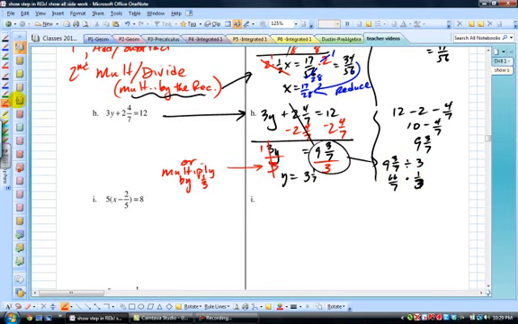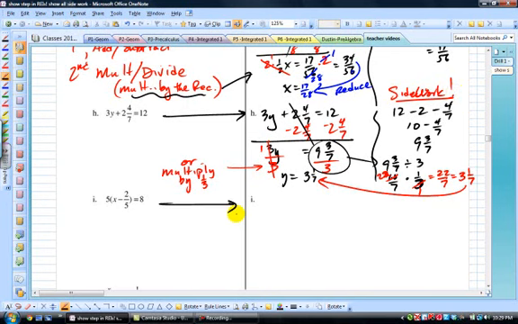Show simplifying, divide by 3, and you get 22/7, which is 3 and 1/7. Notice that's the same thing. Okay, so do your side work. Show your side work all the time. Okay, pause the video, try this one here.